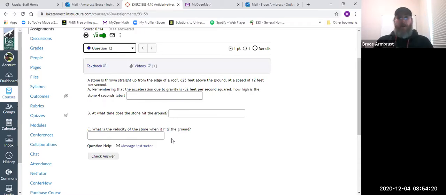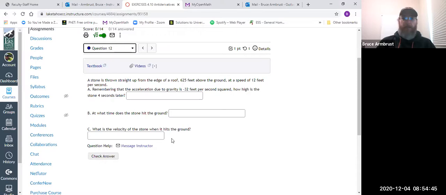All right, so horrible word problem here. And this does require a little bit more than we've talked about with antiderivatives, but I think we'll start the discussion here with this one. Basically, if you think about what we're trying to do, you look at that first question, it says, how high is the stone 4 seconds later?